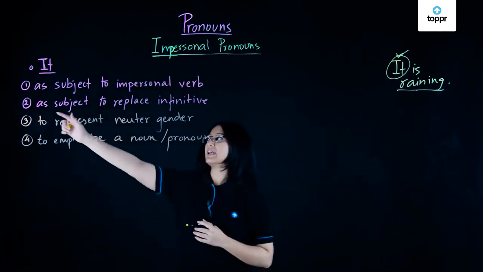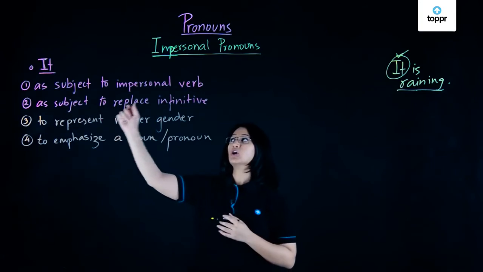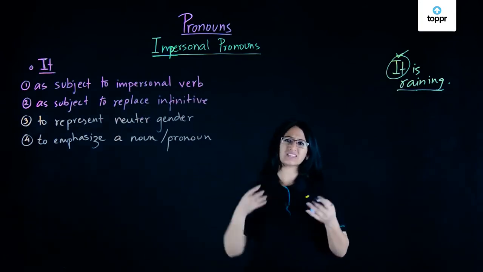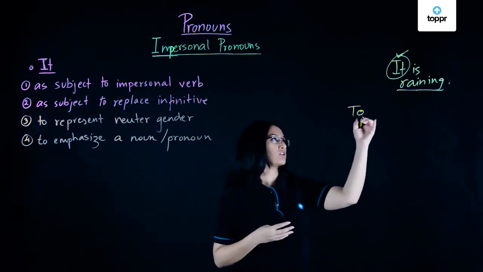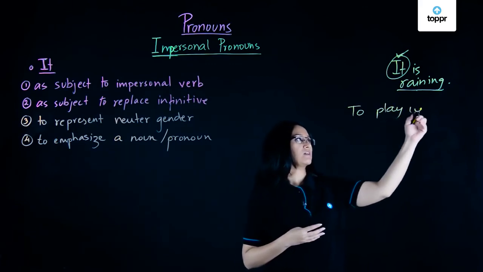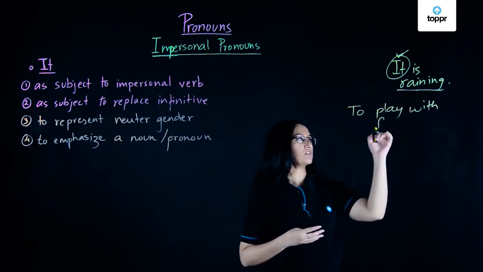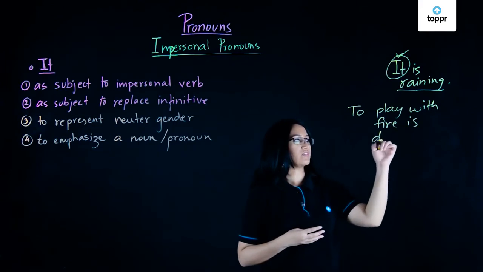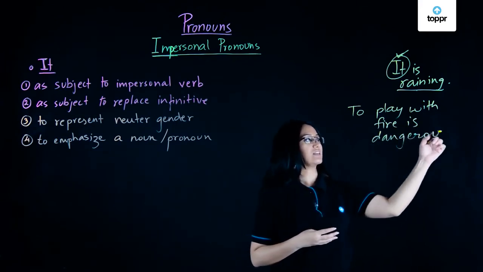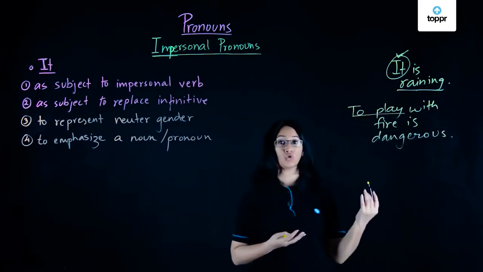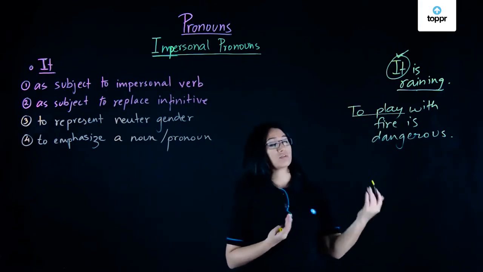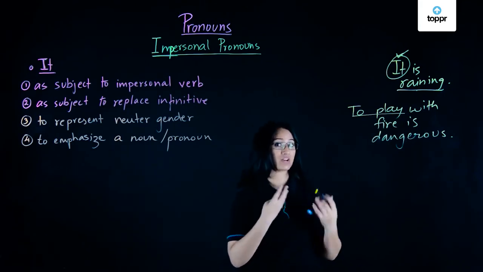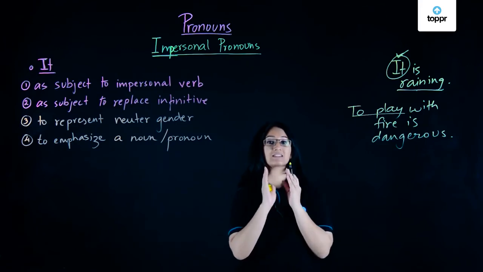Now, similarly, it can be used as a subject to replace an infinitive. Now, let's take a look at an example. To play with fire is dangerous. So in this sentence, you can see that I have used the infinitive to play, right? Now, if I want to replace the infinitive, I can reframe the sentence to have it as the subject.